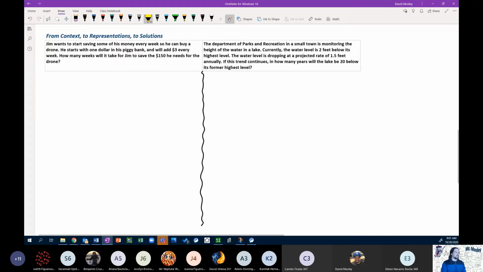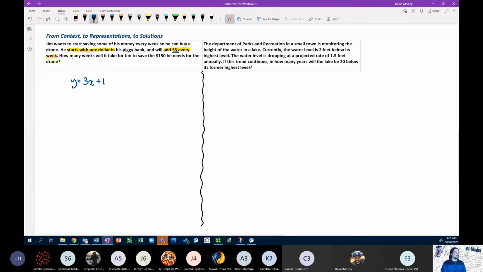All right. So first thing, we have a start with $1. We're going to add $3 every week. So we have a start value and we have a slope, essentially. So from that, we can write the rule. We have y equals 3x plus 1.